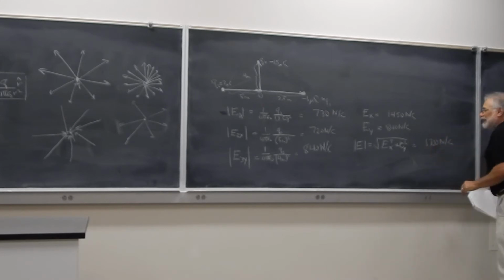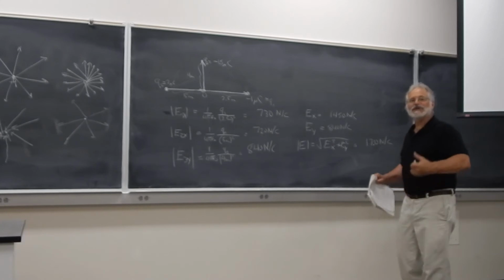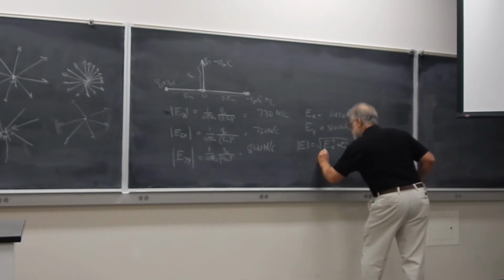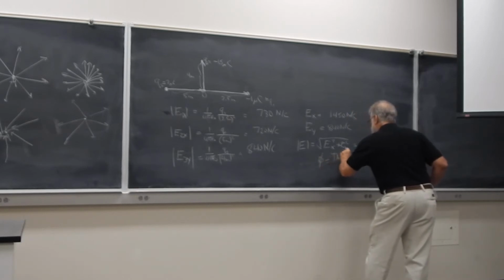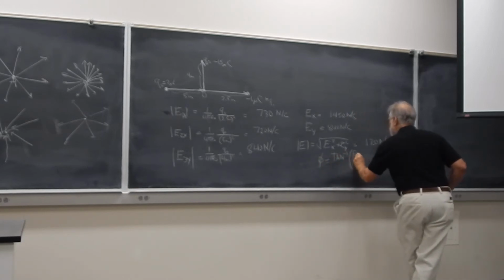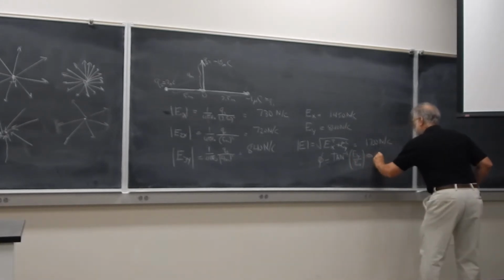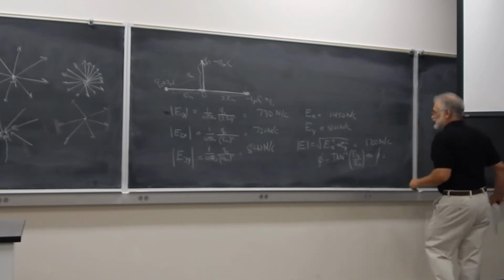newtons per coulomb, and because this is a vector quantity, every time you calculate an electric field or electric force, you had better incorporate a direction. The direction, and we'll call it phi, is equal to the arctan, the angle whose tangent is Ey over Ex. Turns out that phi, if I put in my numbers, that would be 840 over 1450.